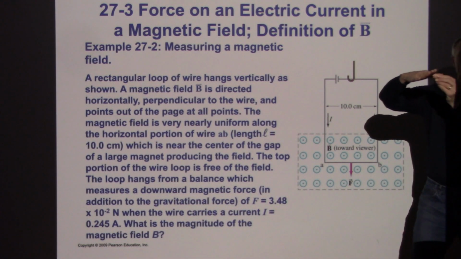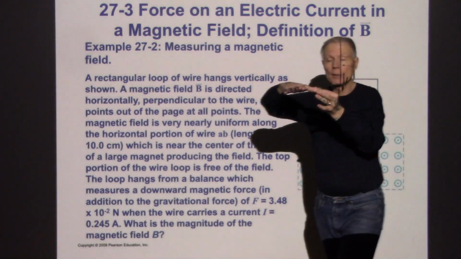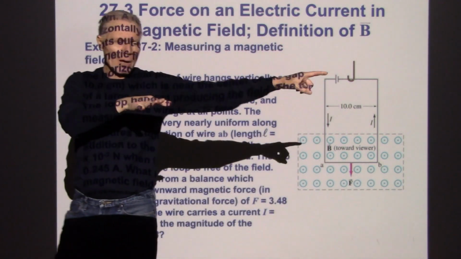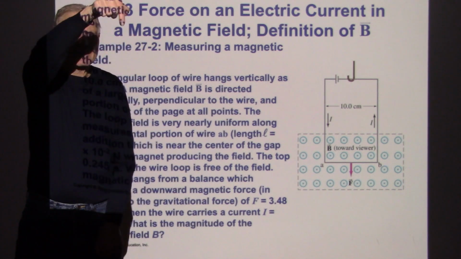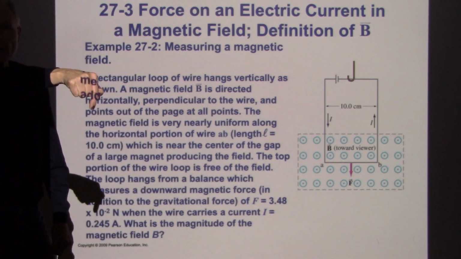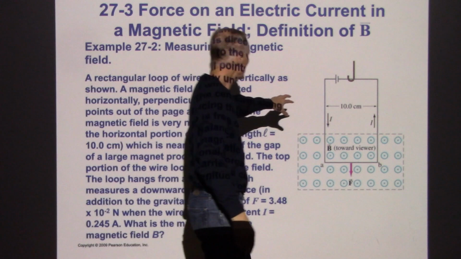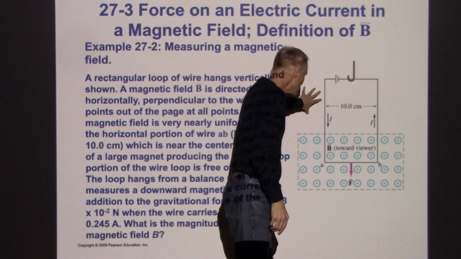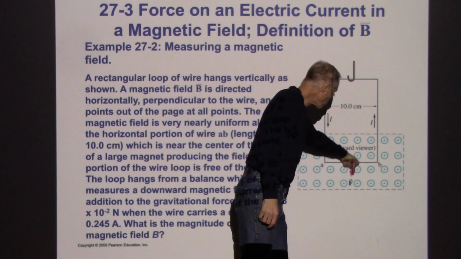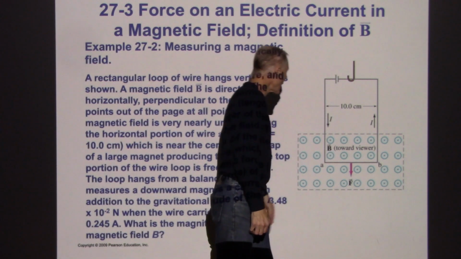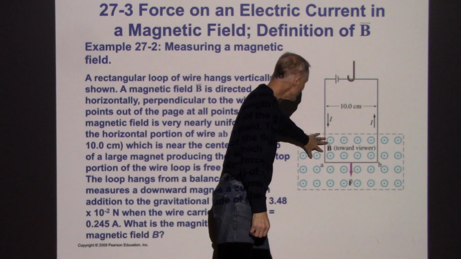So the current's going this direction. I'm going to use my thumb to represent a current going off there. And then the magnetic field's coming out of the board, so my palm is facing downward. So sure enough, this orientation of the current and the magnetic field combined are going to give me a force that's downwards.